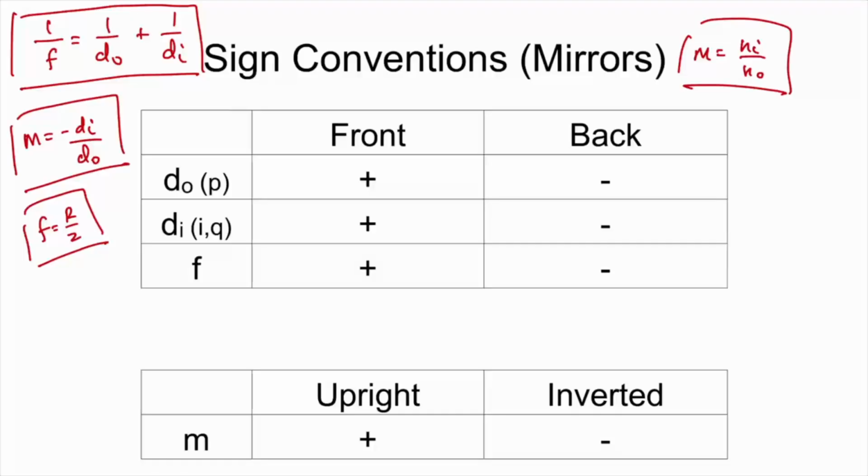Notice over here in the table, I have done something kind of weird. DO and DI is what I use internally all the time when I am doing optics. P and Q were what I was taught. Have you ever heard the phrase, mind your P's and Q's? Historically, object distance was represented by P, and image distance was represented by Q. What do you think that does to a dyslexic person's brain?